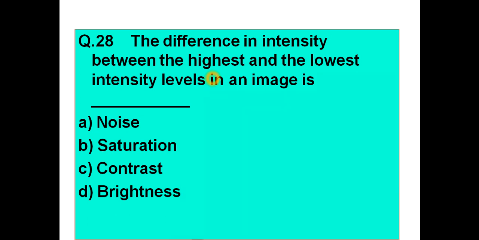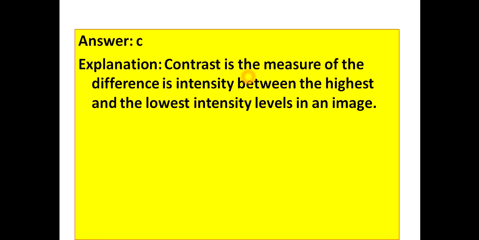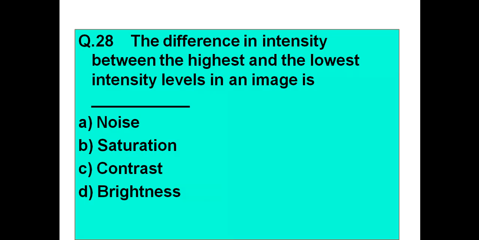I have explained this, and I hope all of you are going to answer this correctly. The answer is option C, that is contrast. Contrast is the measure of difference in intensity between the highest and lowest intensity levels in an image. So, guys, comment yes if you have correctly answered this, and no if you have not.